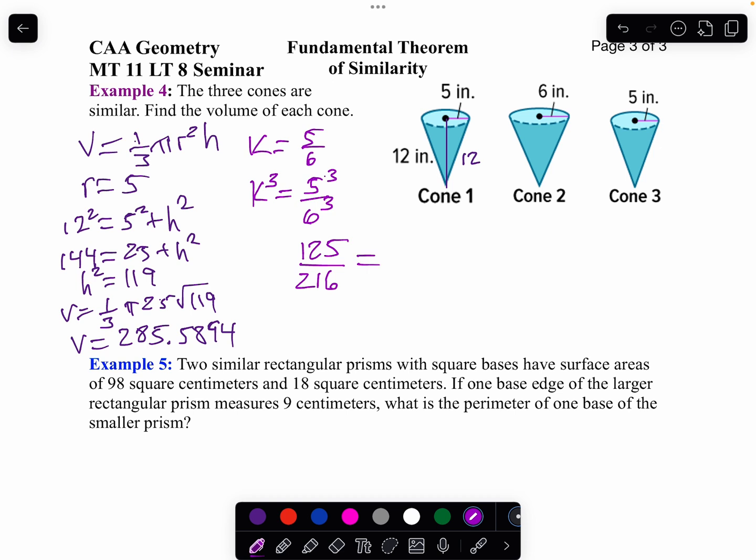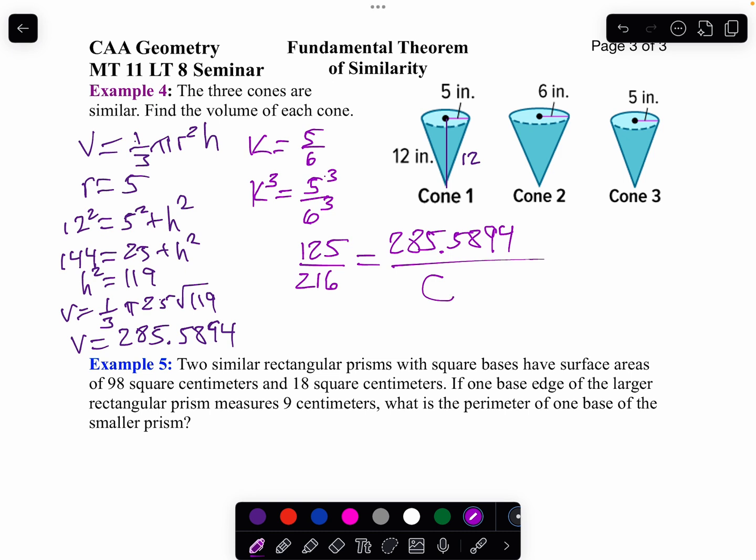So now I can solve for the volume of cone 2, because I know the volume of cone 1 is 285.5894. And I'm going to solve for cone 2, call that C.